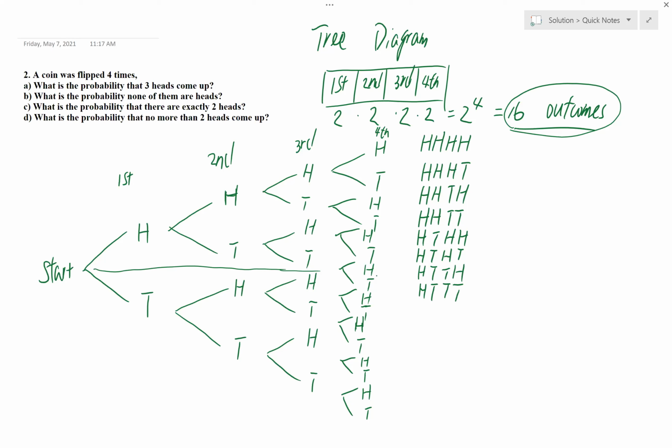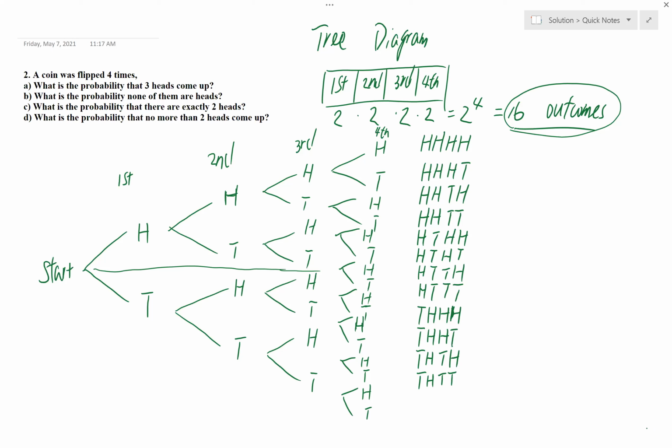Now we start with the tail. So tail, head, head, head. And then tail, head, head, tail. Now tail, head, tail, head. And tail, head, tail, tail. So this is another 4, right?